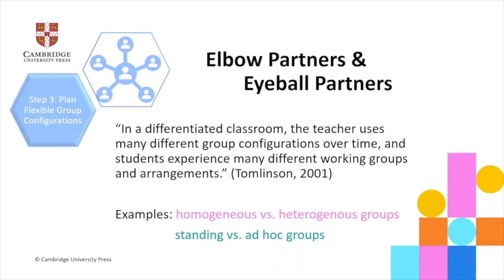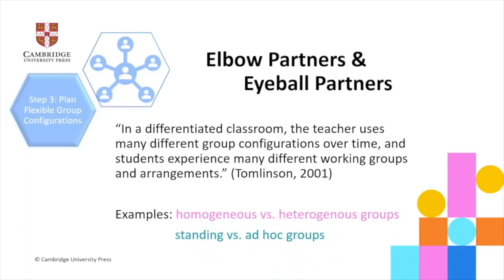Again, this assumes a face-to-face classroom, but imagine you've got 4 desks together in a table where 2 students are sitting next to each other and 2 more students are sitting next to each other, and the 2 pairs are facing. So you've got a cluster of 4. You have one person next to you and one person across from you. The person next to you is your elbow partner, and the person across from you is your eyeball partner because you're looking at them in the eyeballs.